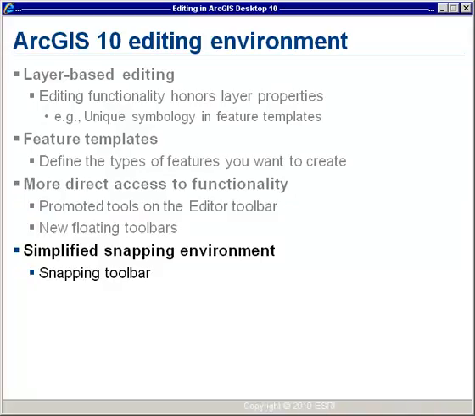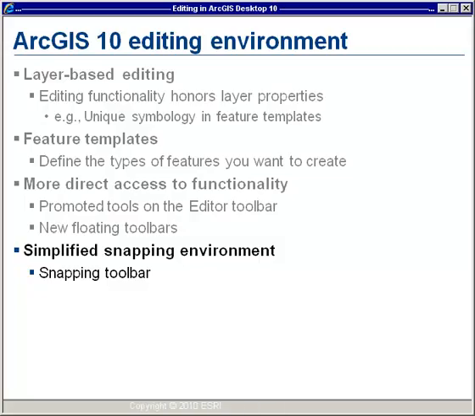In ArcGIS 10, we also have a new and simplified snapping environment. When snapping is turned on, your mouse pointer will jump or snap to any edges, vertices, or other features when your pointer is within a certain snapping tolerance. Snapping in ArcGIS 10 has been streamlined in a way that it is enabled by default.